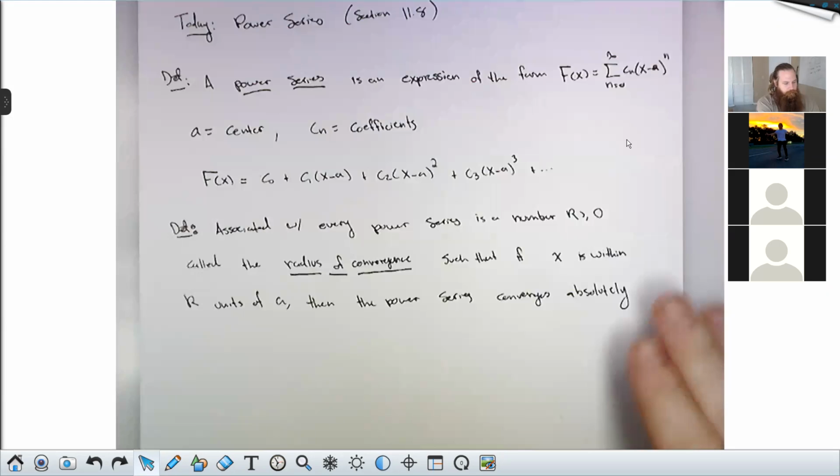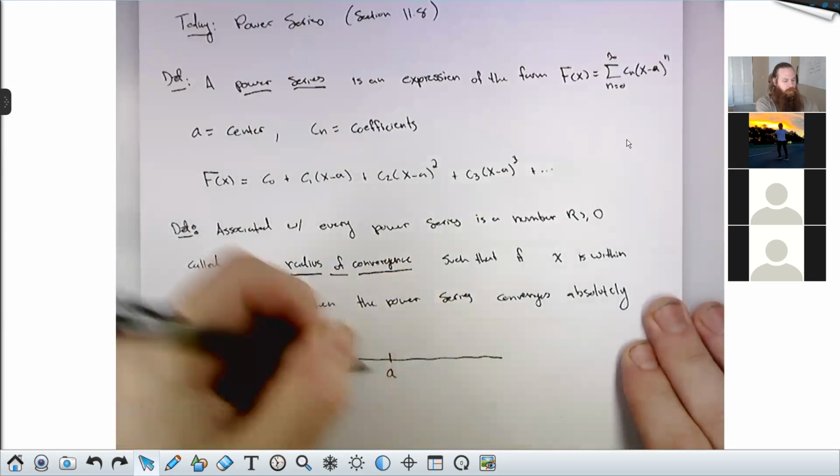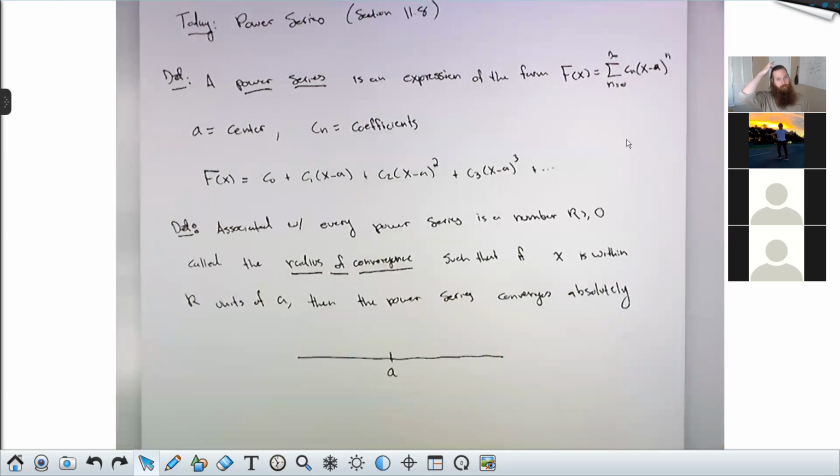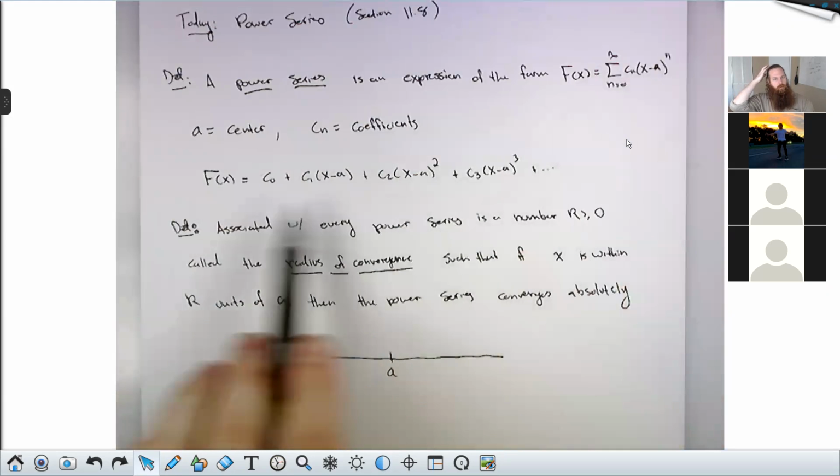So here's the idea. Here's an interval of x values. Here's the center, a. That's the number a here, right, in this expansion.